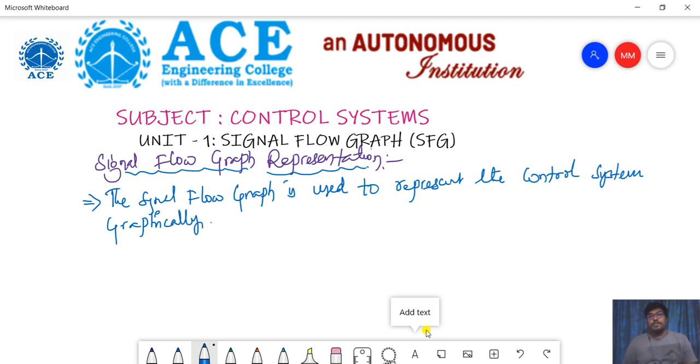The first point is that the signal flow graph is used to represent the control system graphically.